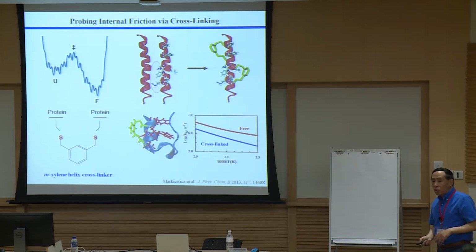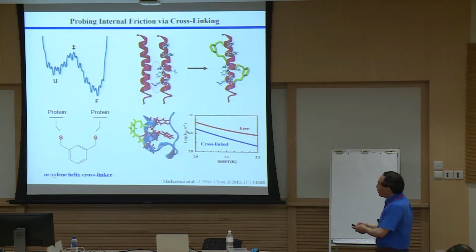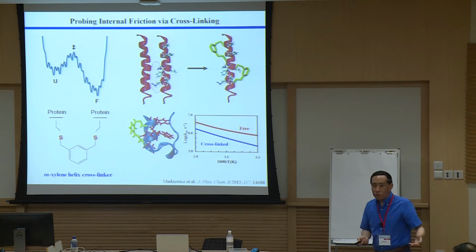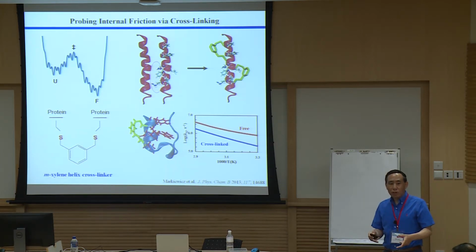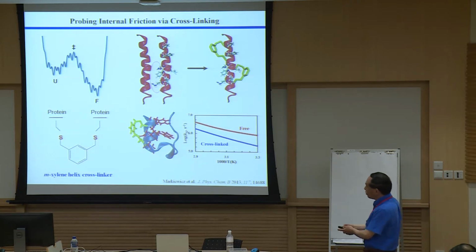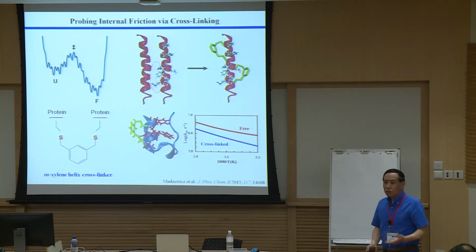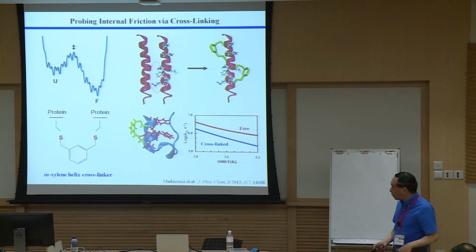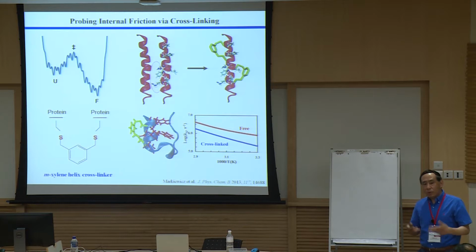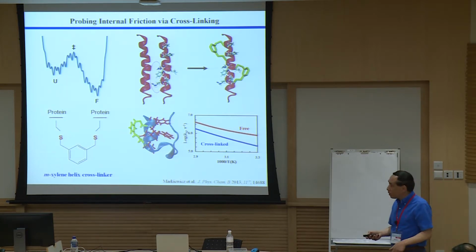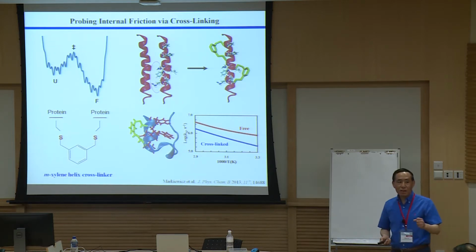So as I said before, when we look at the folding free energy surface, right, due to local cooperating effect or non-native interactions, the potential energy surfaces would have those sort of roughness. One of the experimental challenges in the field is how would we even begin to understand the magnitude of that roughness? Okay, how can we measure that?